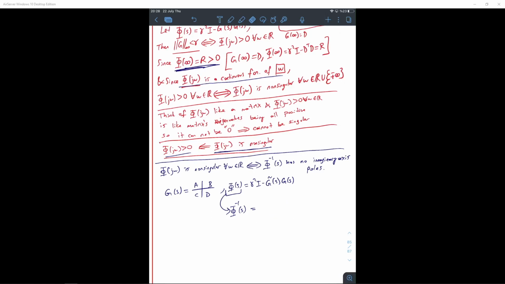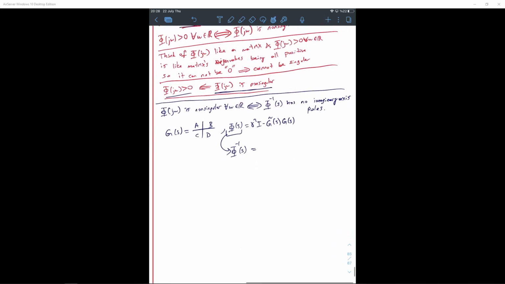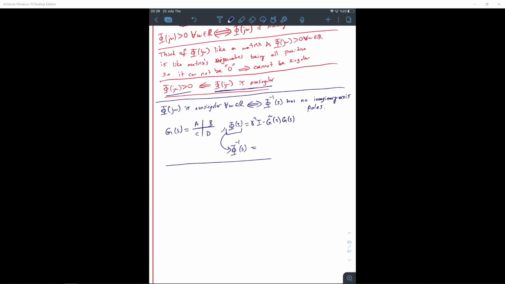So, I'm kind of going to skip some steps. Okay, rather j omega equals, I'm going to assume gamma as 1, right?